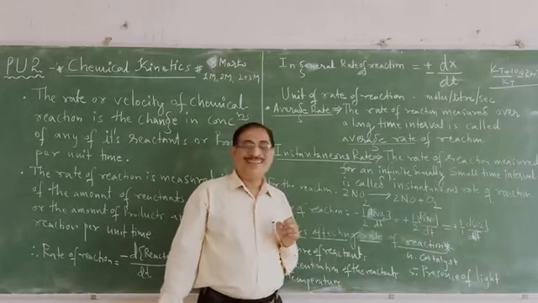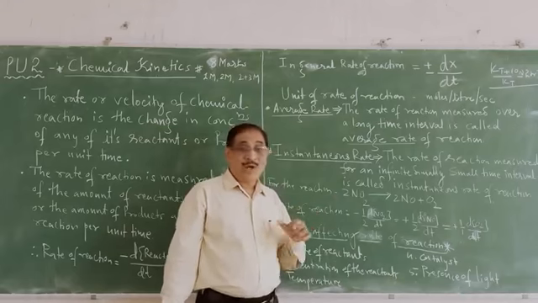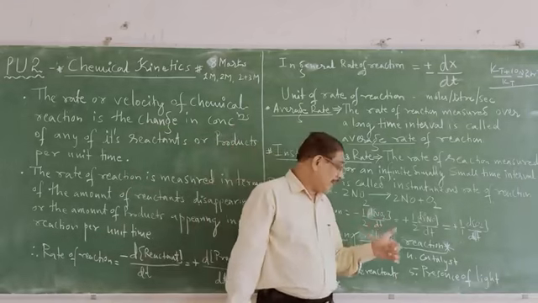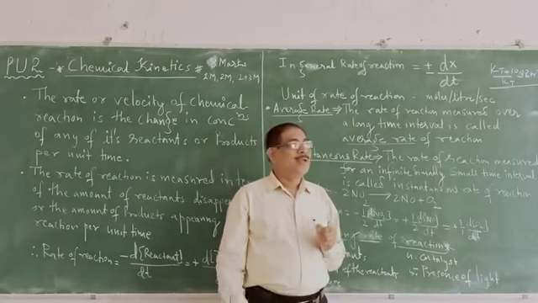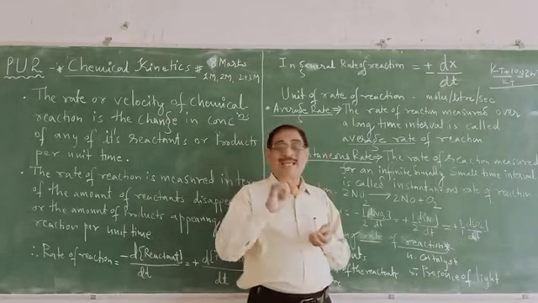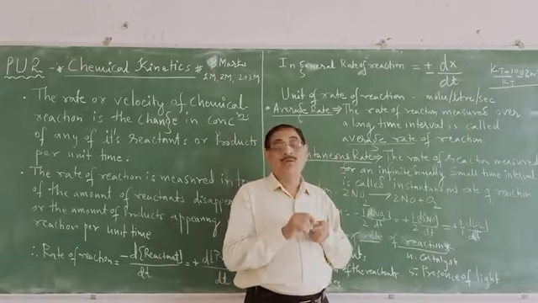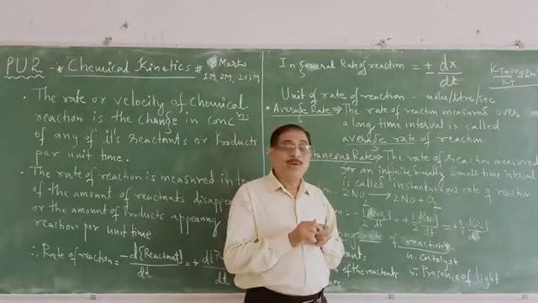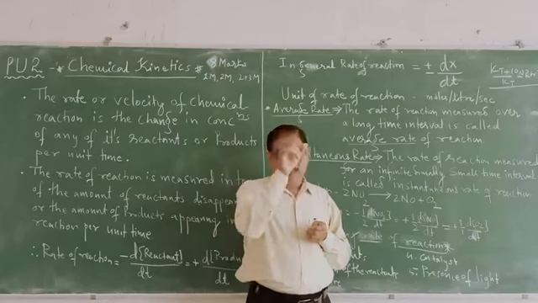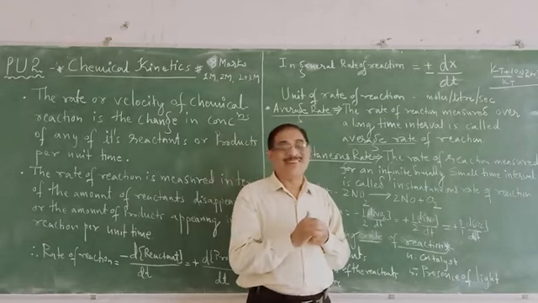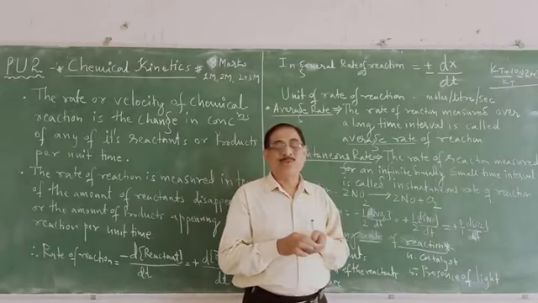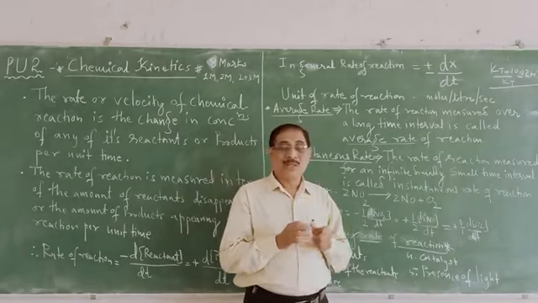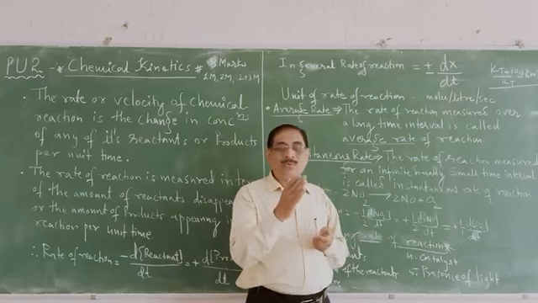I will give an example of how light affects the chemical reaction. You know, usually medicines, liquid syrups, are kept in brown bottles. Why brown bottles? Because if colorless bottles are there, direct light can penetrate, so the chemical composition of the medicine may change. Brown bottle retards the penetration of light.